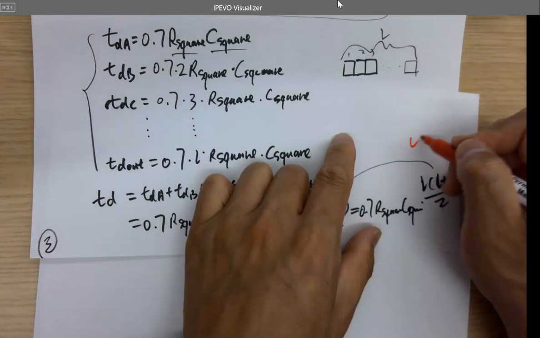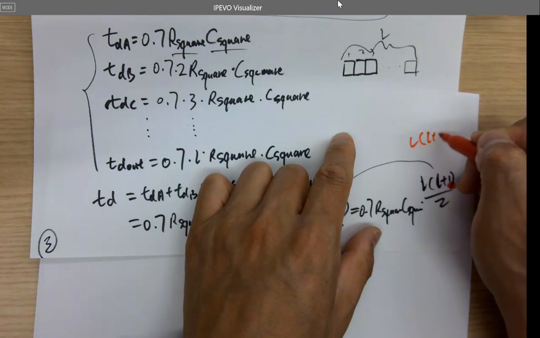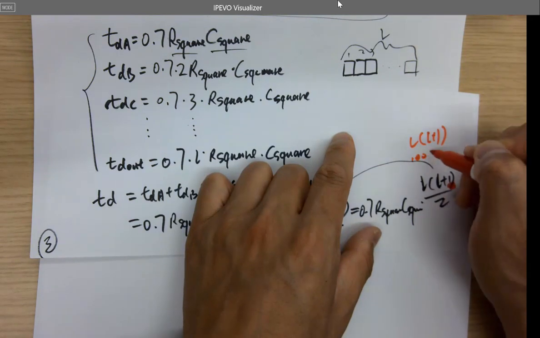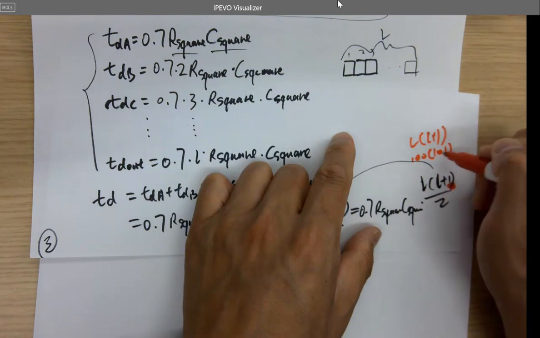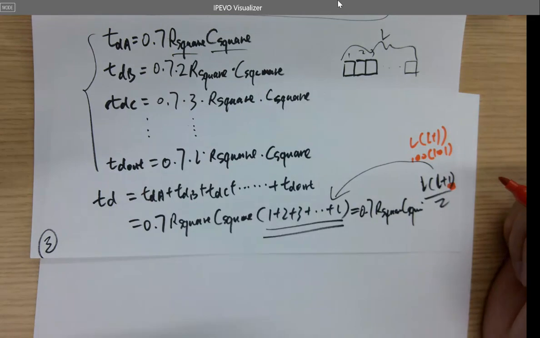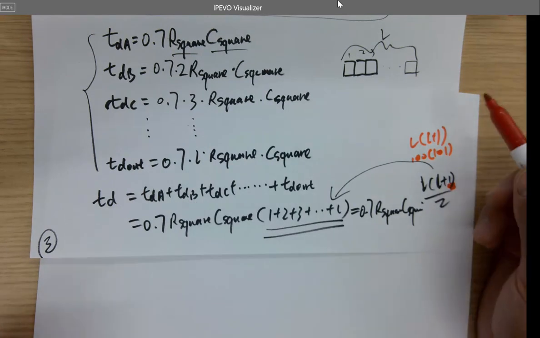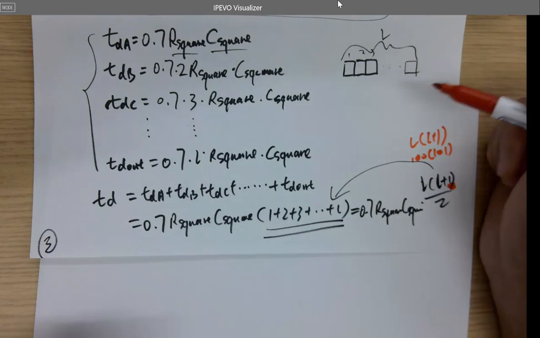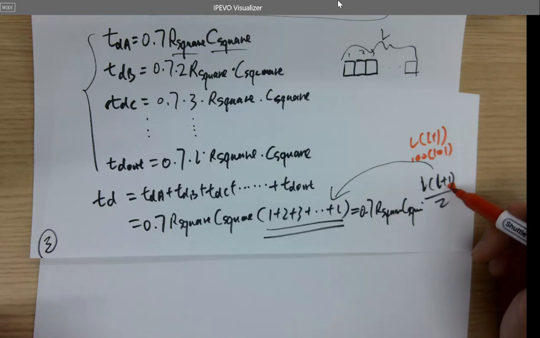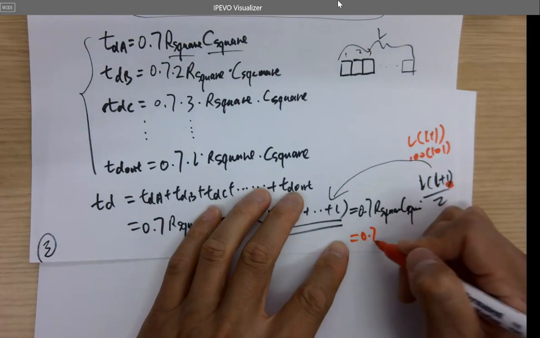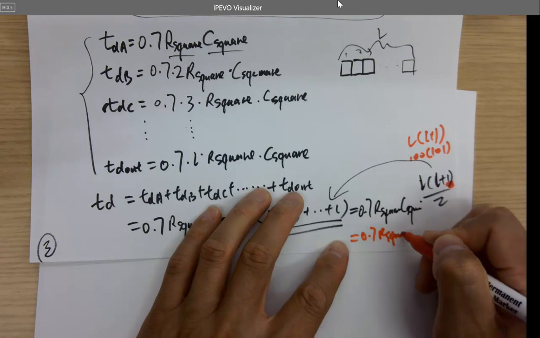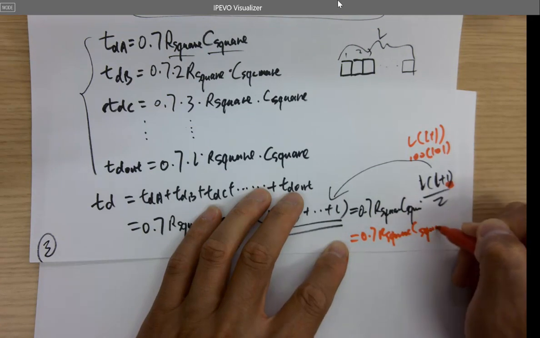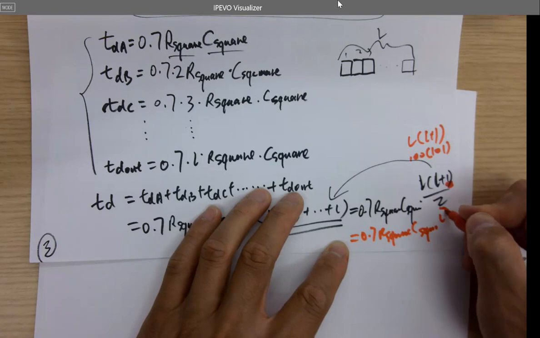So it becomes L times L plus 1, which is like 100 times 101. It's pretty much 100 squared, right? So usually L is 10 or something, over 10 at least, okay? So 1 is not significant. In that case, this is pretty close to 0.7 R squared, C squared, L squared over 2.